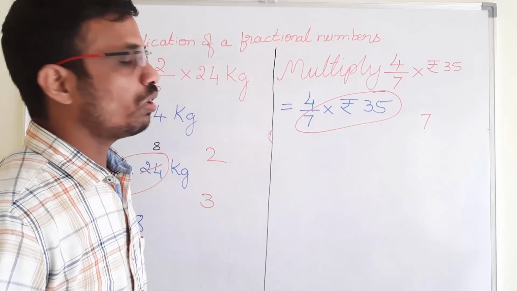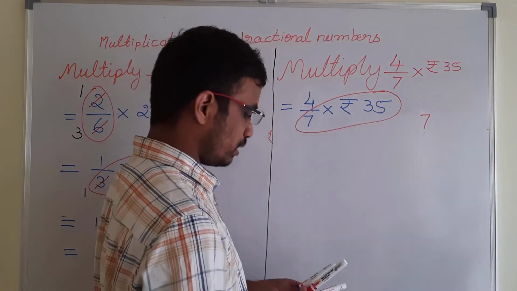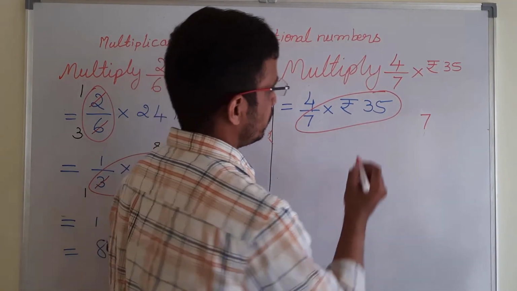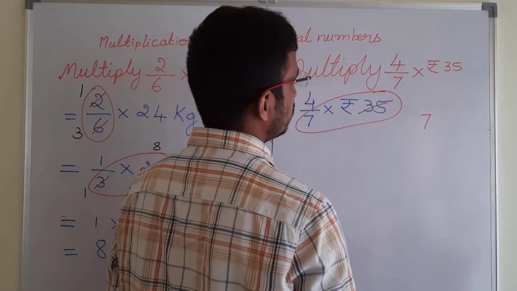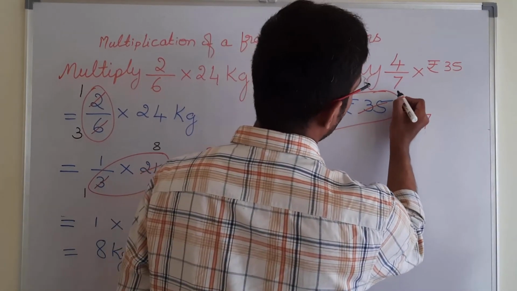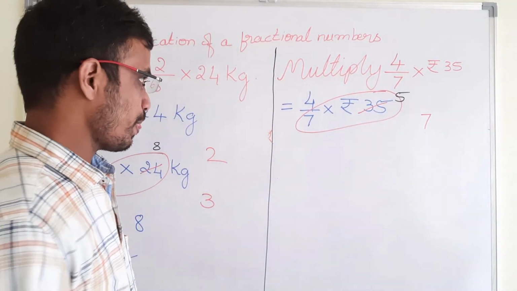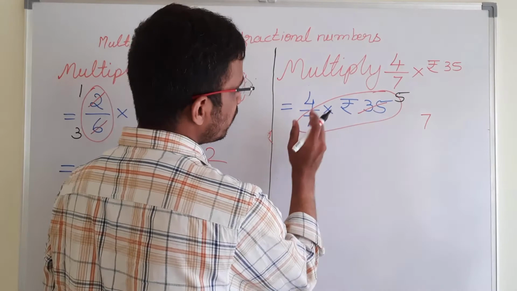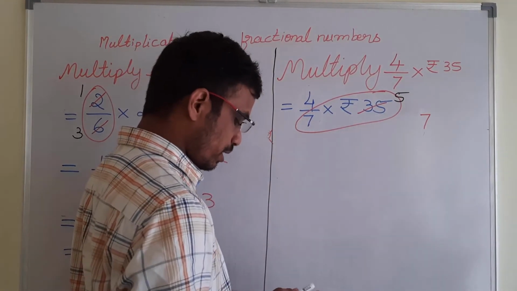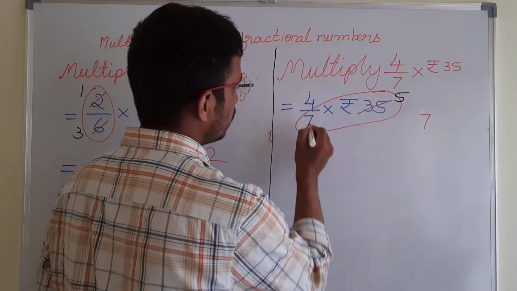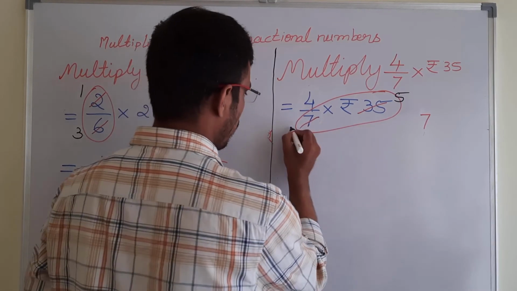Now I will divide this 35 by 7. I will get the quotient as 7 5s are 35, so I got the quotient as 5. Same way, I will divide this denominator also by this 7. Once I divide this 7 by 7, I will get the quotient as 1.